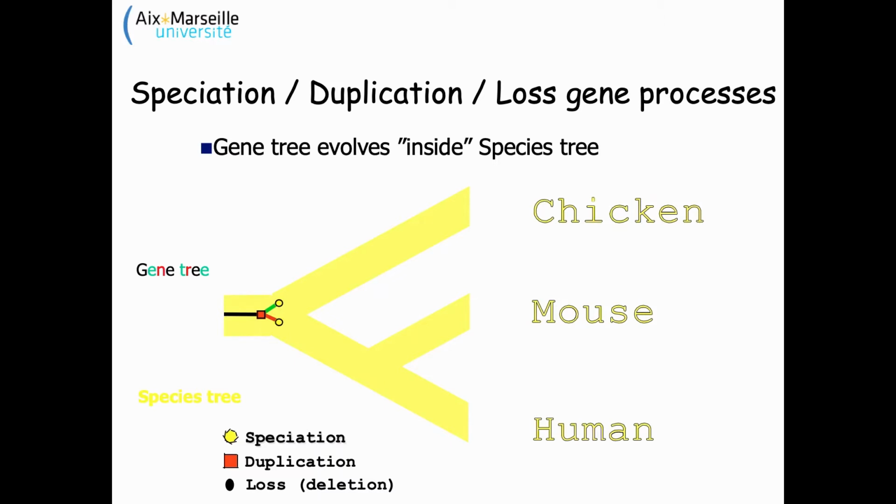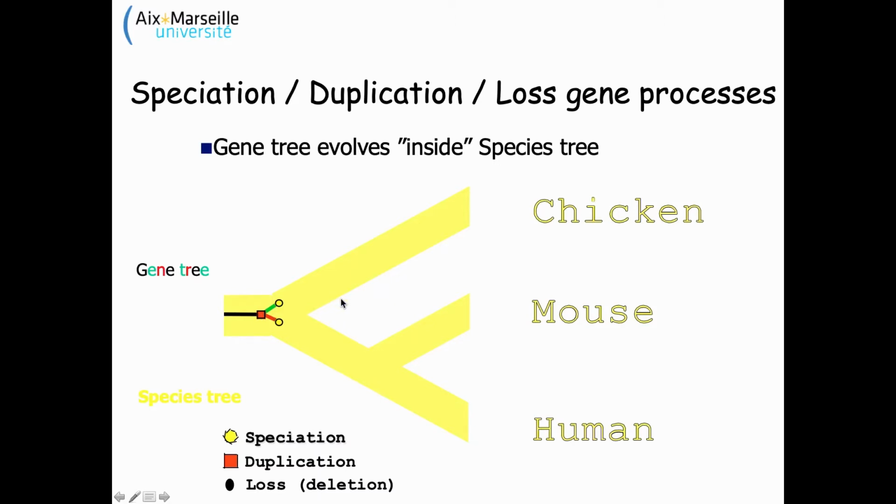And still in the ancestor of chicken, mouse, and human, it means that in these branches, as you can see here, I should have 2 copies. Everyone agrees with me? In these branches I should have 2 copies since the duplication happened here in the ancestor of chicken, mouse, and human.